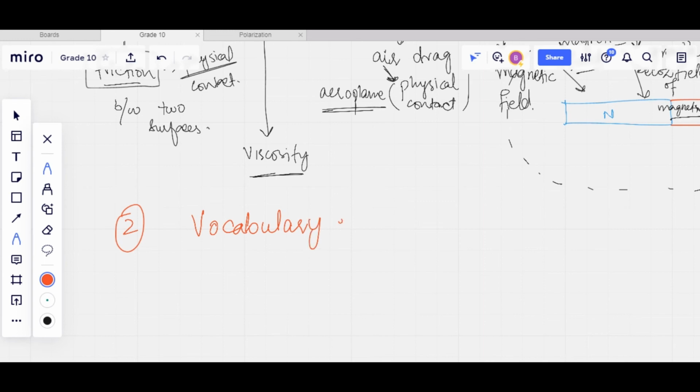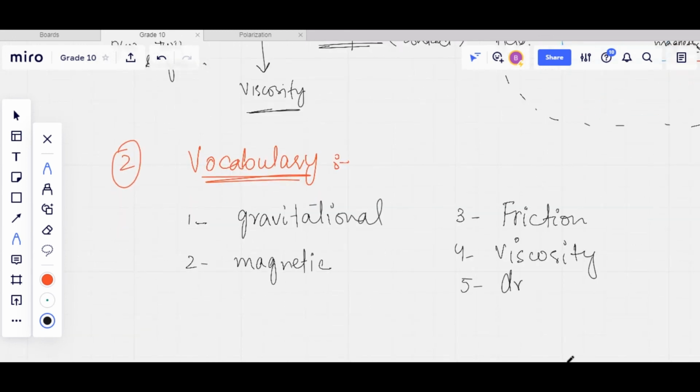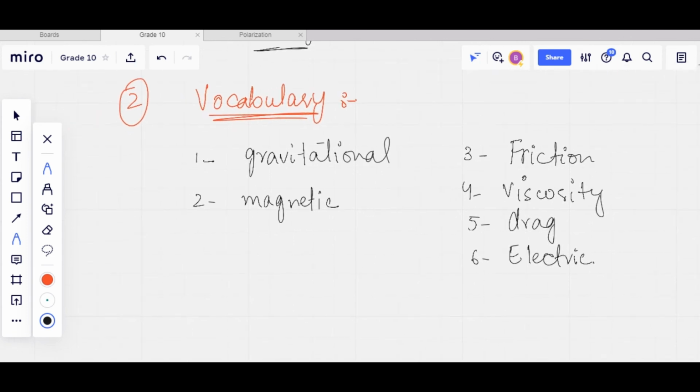Vocabulary for today is: gravitational, magnetic, friction, viscosity, drag, and electric. These are some of the vocabulary words which we have been discussing in the whole video.